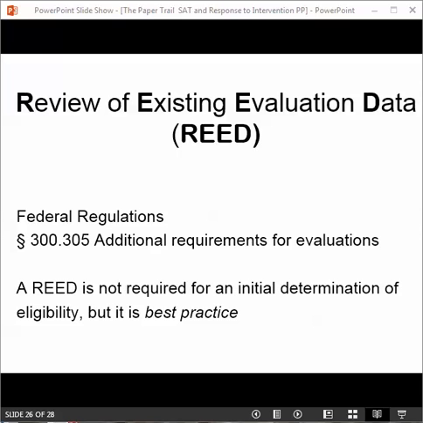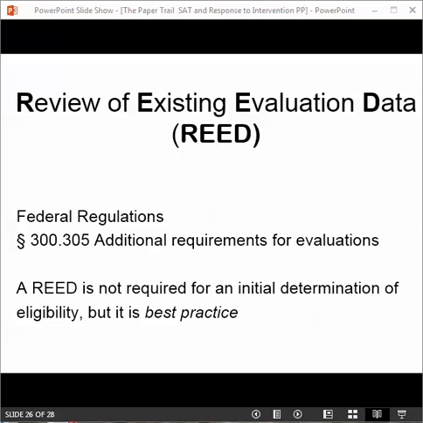The student assistance team or the multi-factored evaluation team needs to decide if they have enough information or if they need to complete more evaluations in order to be able to find the student eligible, or to go through the requirements and have evidence that there is a disability or there's not a disability.